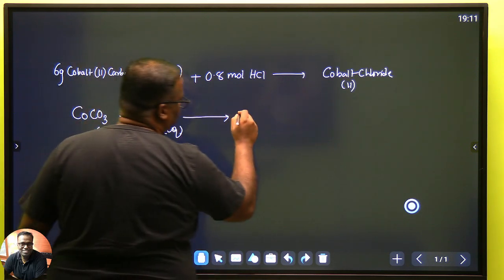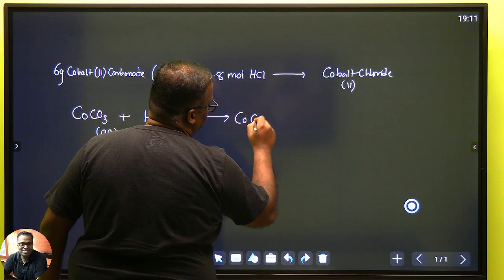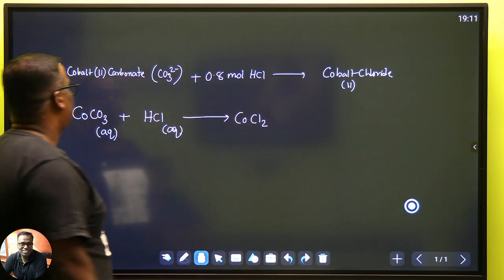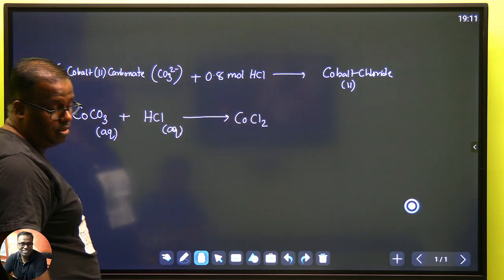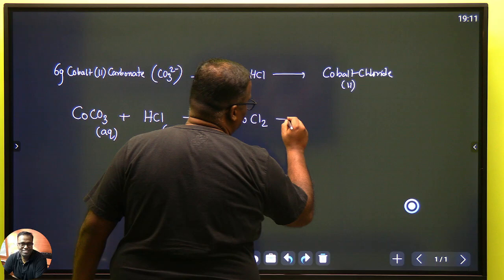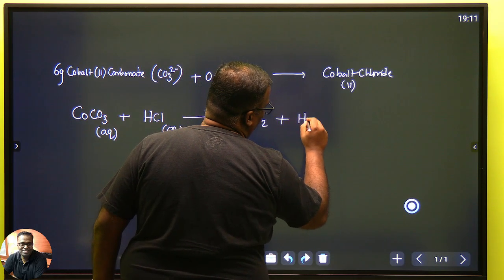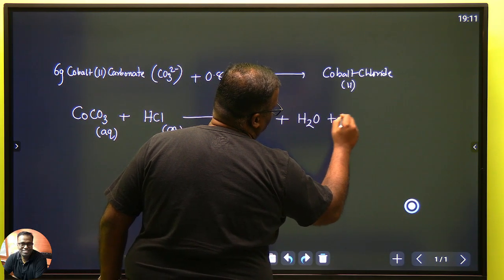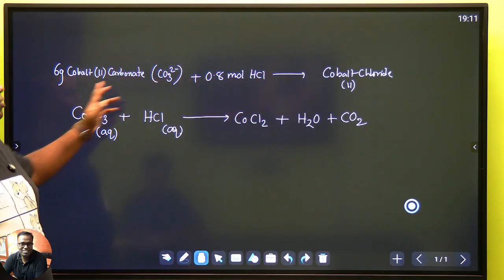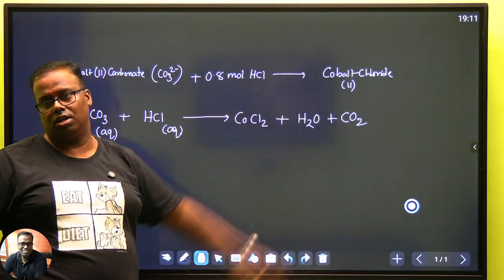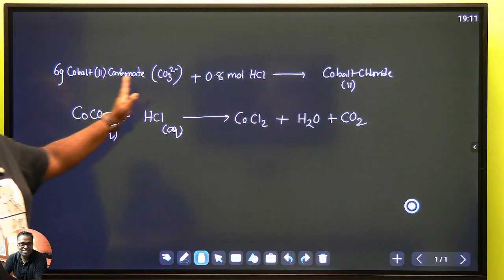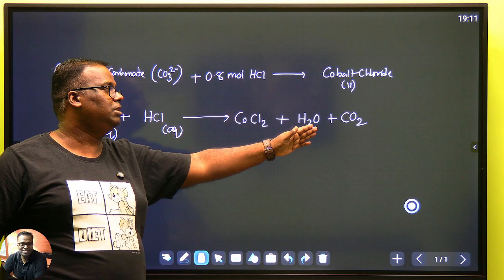Cobalt chloride, CoCl2. And what else will be formed? You will get H2O and CO2 will also be formed. Metal carbonates react with acids to give you carbon dioxide and water. Always remember this.